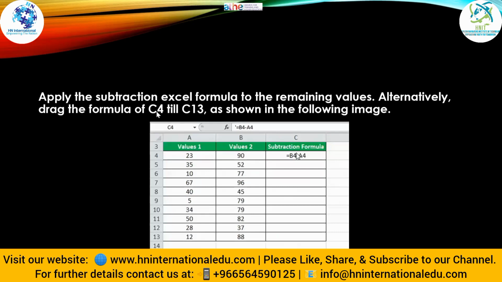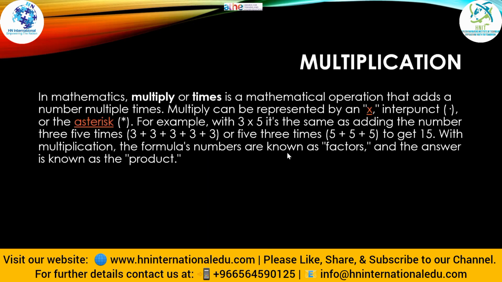Next, we will apply the subtraction Excel formula to the remaining values. Alternatively, drag the formula of C4 till C13, as shown in the following image. If you want to do the subtraction for all of them, rather than doing it for each and every component, you can simply drag it down.